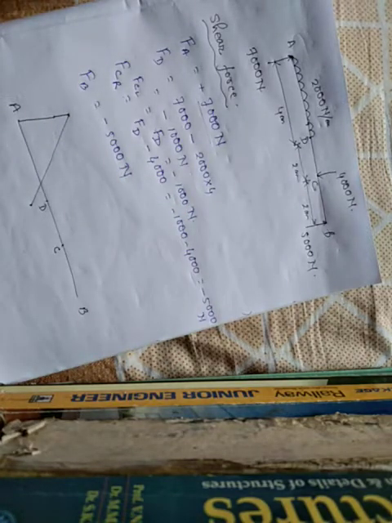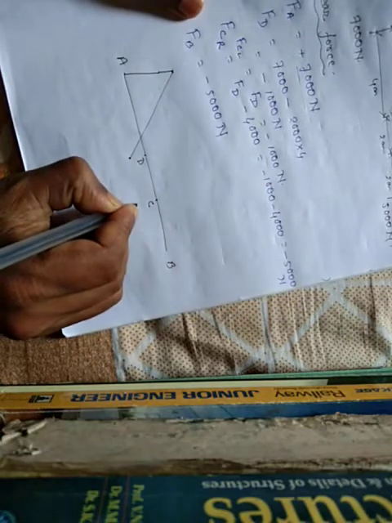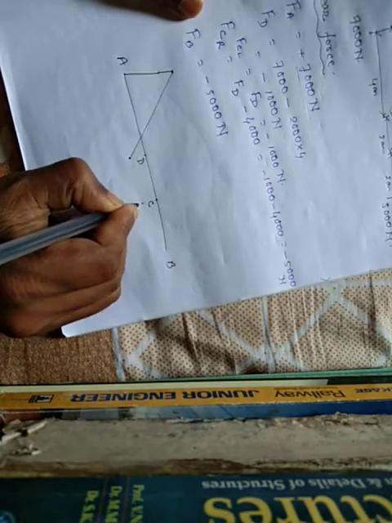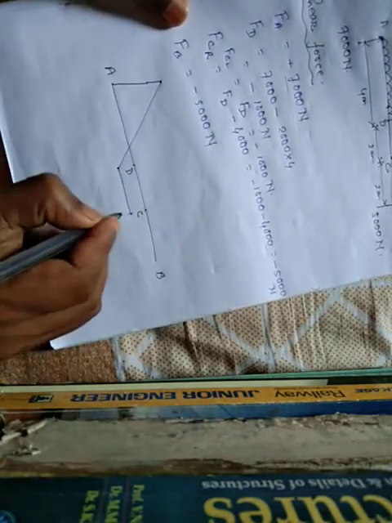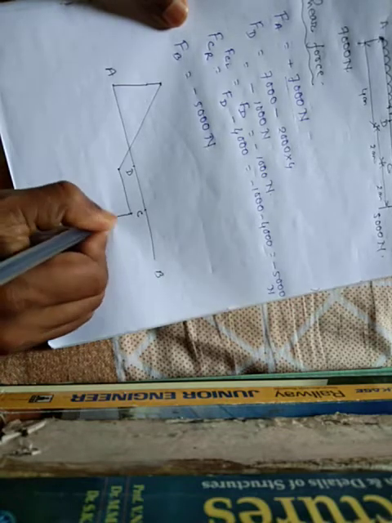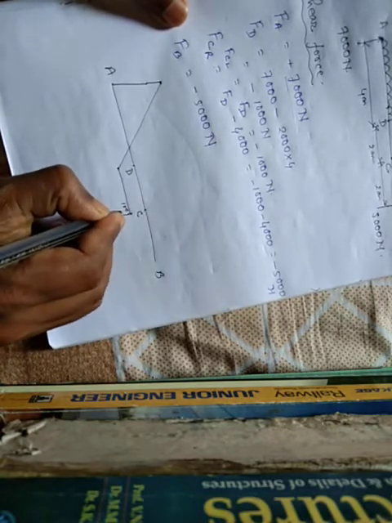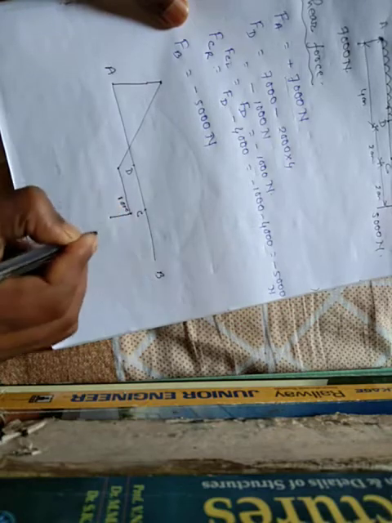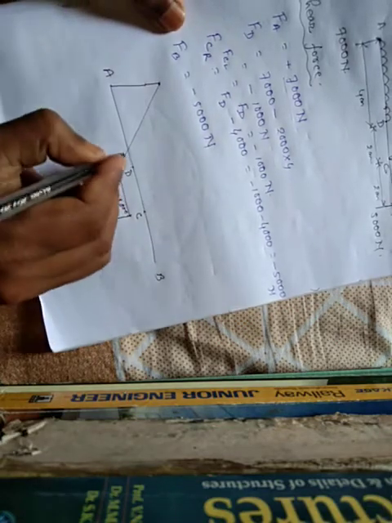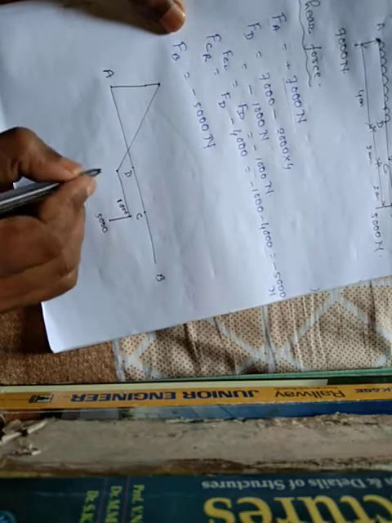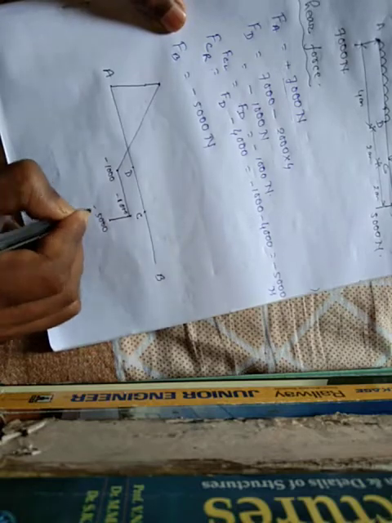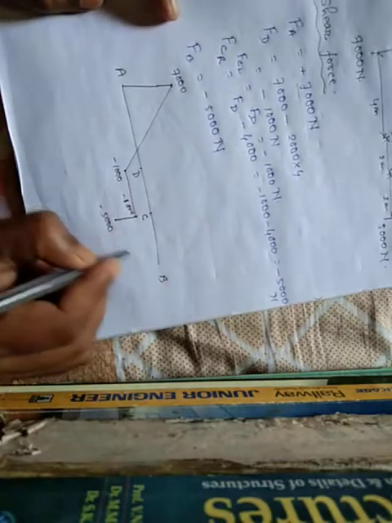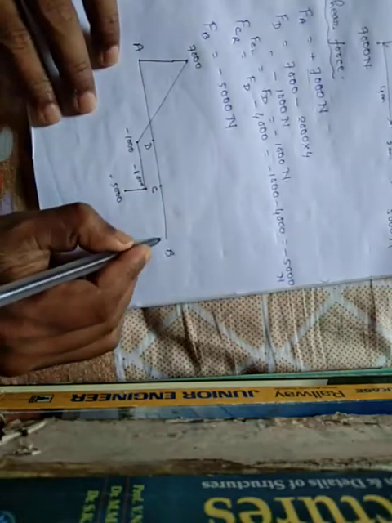The shear force at point C just to left is minus 1000, and shear force at point C just to right is minus 5000. That is 1000, and this is 5000. And shear force at point D is 1000 Newton minus, and this is 7000 plus, and shear force at point B is always minus 5000.